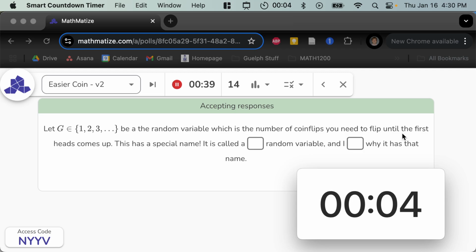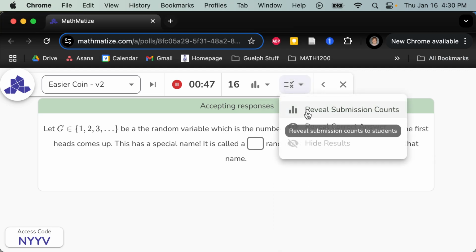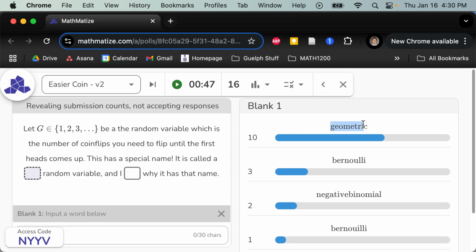Okay, 5 seconds. Get in your final guesses. I realize at this point that naming it G might have given away the answer. Let's see if people caught on to that. Yes, okay, it's geometric. G for geometric.